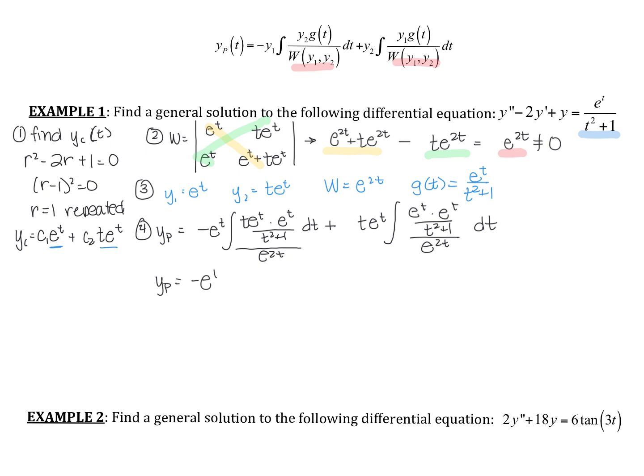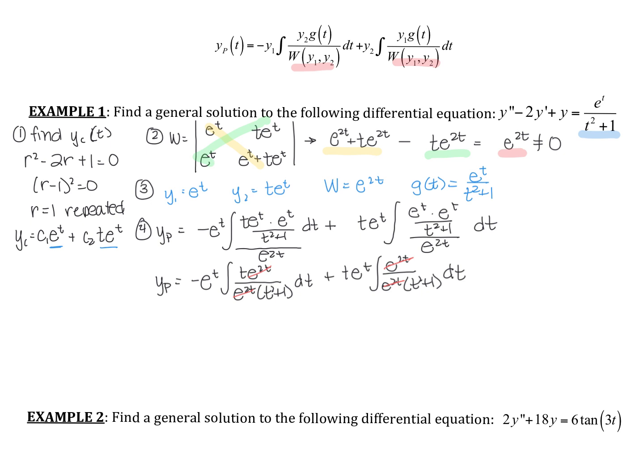This would be negative e to the t up top, we would have te to the 2t over e to the 2t times t squared plus 1, plus te to the t times the integral of e to the 2t over e to the 2t times t squared plus 1. And you can see some nice things starting to cancel here. So this e to the 2t will cancel in both of those cases. And now I just need to do my integral work.